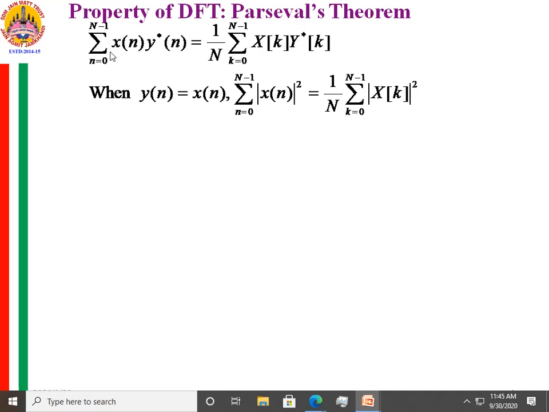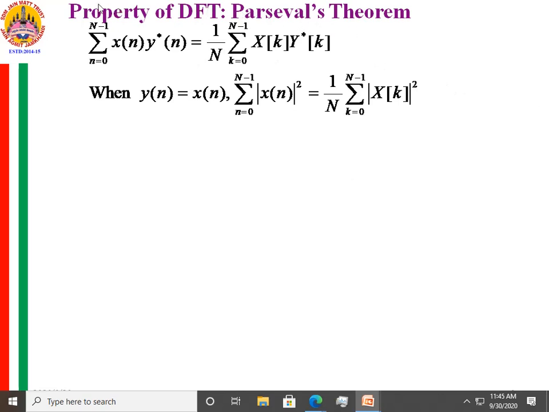And then if you take the magnitude of this entire equation, you will get the summation n from 0 to N minus 1 of magnitude of x(n) square, which is equal to 1 by N summation k varying from 0 to N minus 1 of magnitude of X(k) square. So Parseval's theorem can be expressed by either this equation or by this equation.